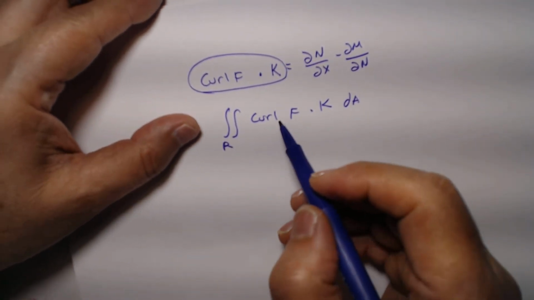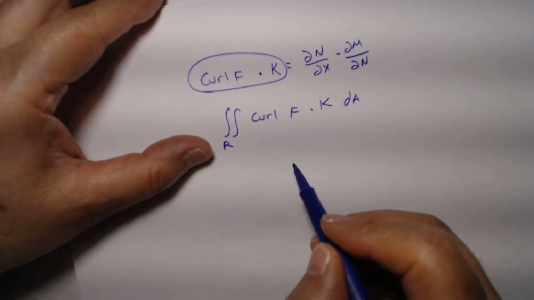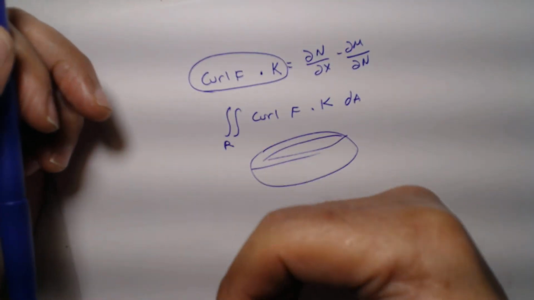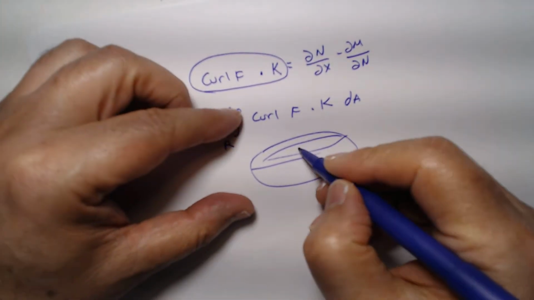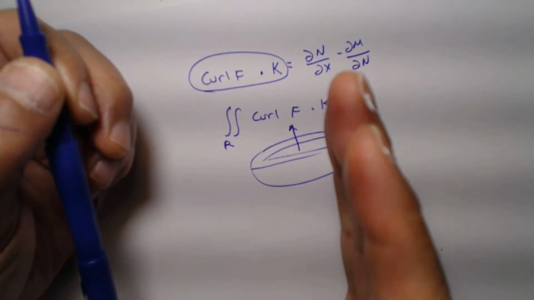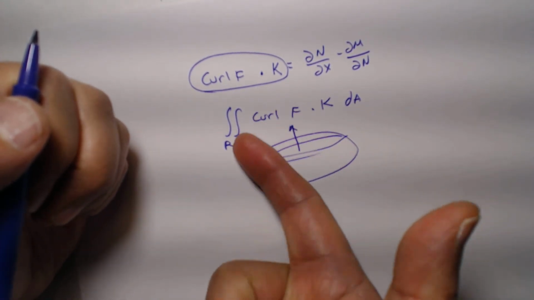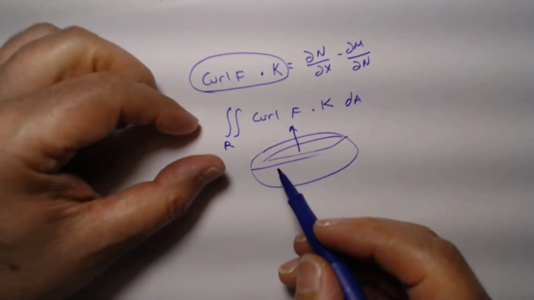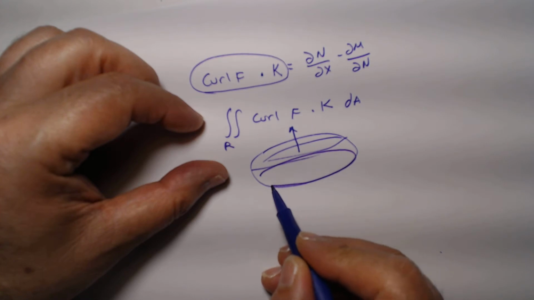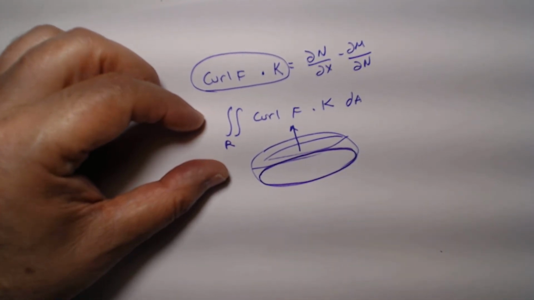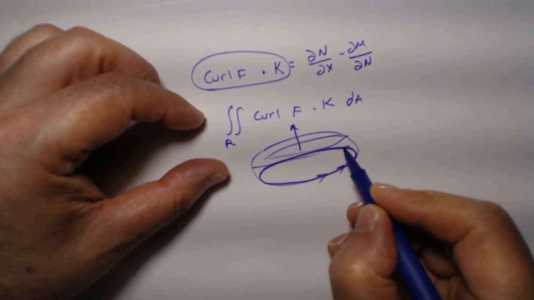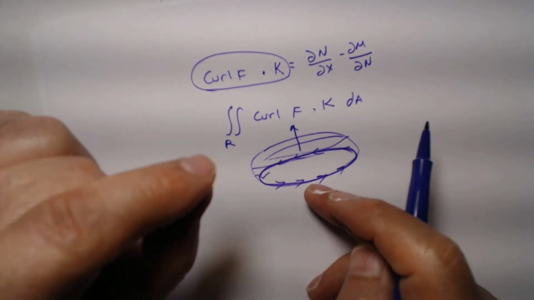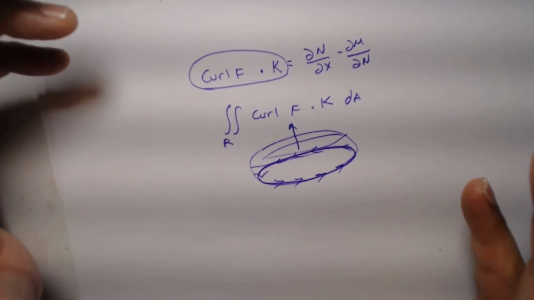And Stokes said, if you have a surface, and the surface is oriented, oriented means you do have a normal vector that the curl can rotate around, and the projection of the surface is a curve, and the curve is exactly what Green's theorem said, counterclockwise.